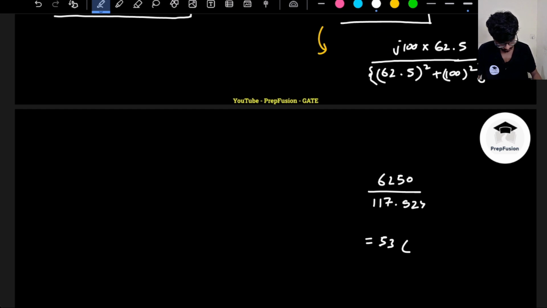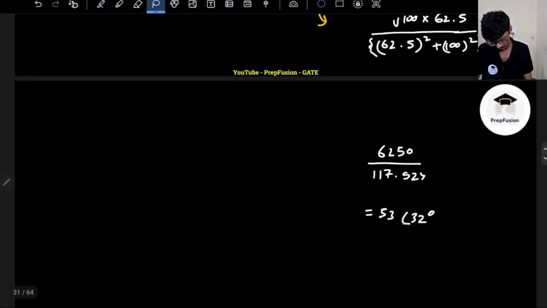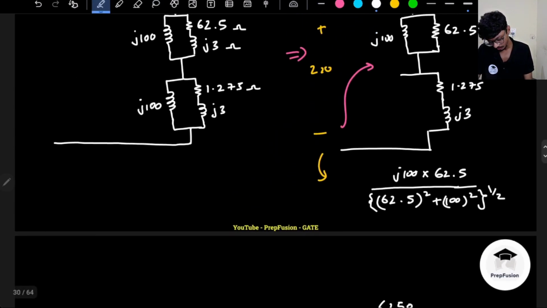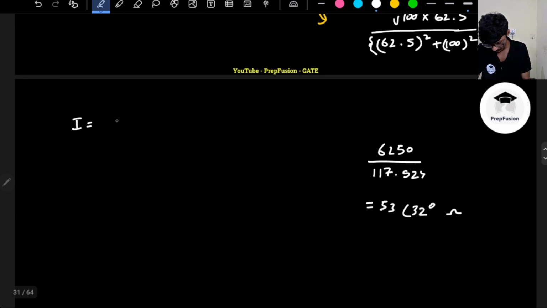So this is 32 degrees. Okay, this is 32 degrees. So this is my impedance basically. So can I find out the current? Yes, very easy, right? So current will be roughly equal to 220 volts divided by 53 angle 32 degrees.